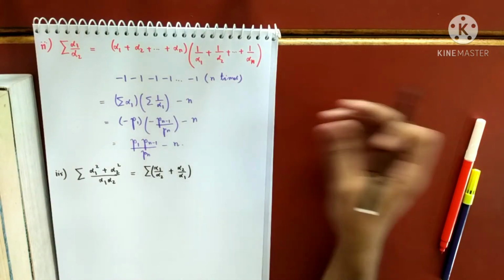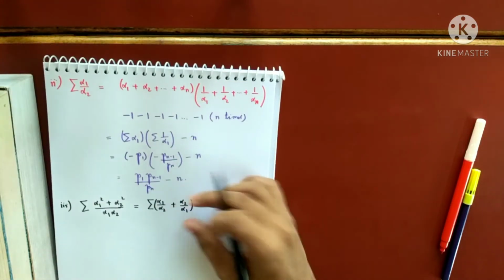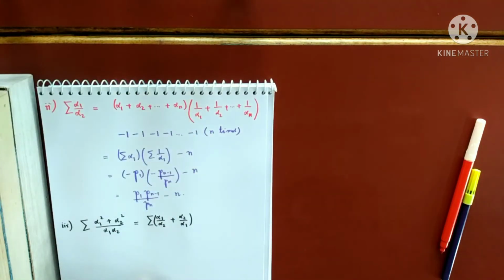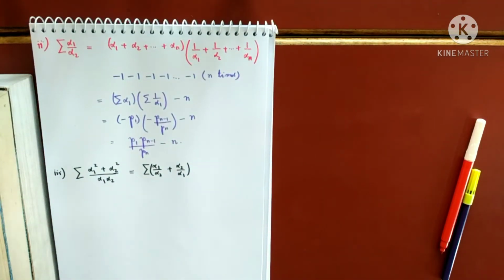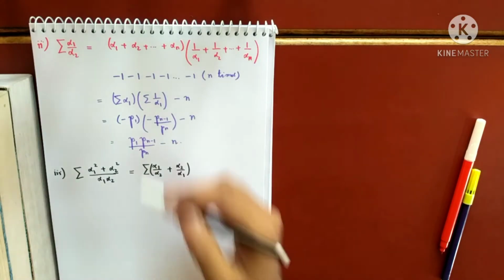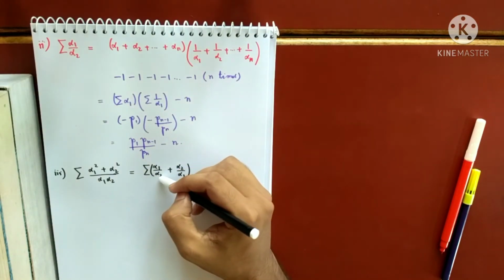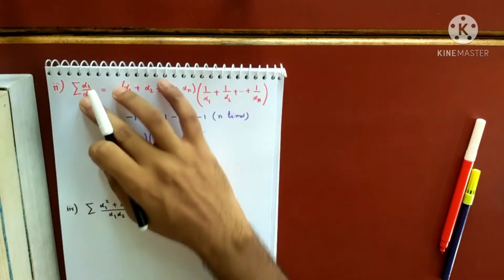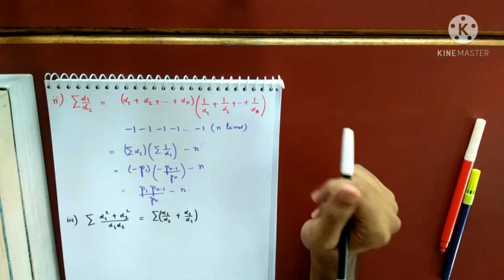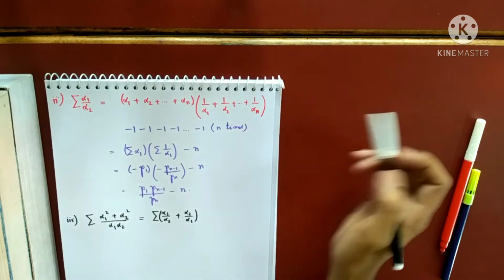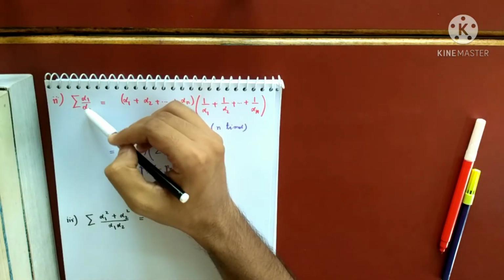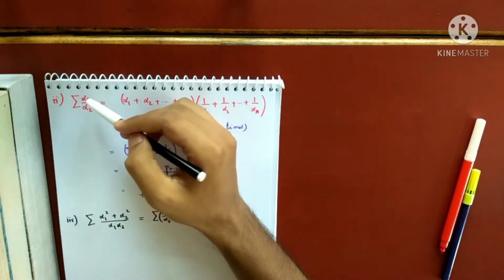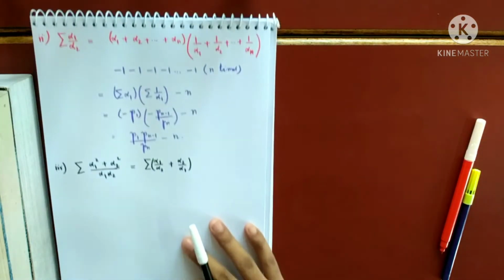See, this is same as this. Why? I'll tell you. Because alpha 1 by alpha 2 plus alpha 2 by alpha 1, this will also be here. You see why? Because the first term will be alpha 1 by alpha 2, and there will also be a term alpha 2 by alpha 1.